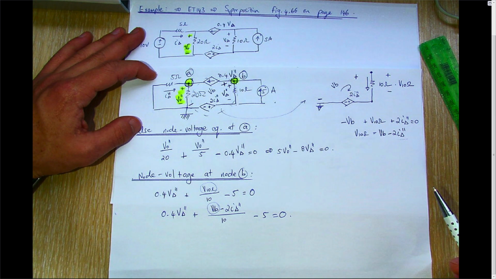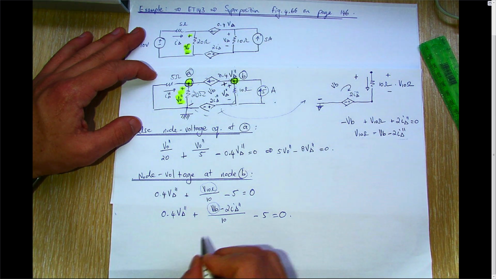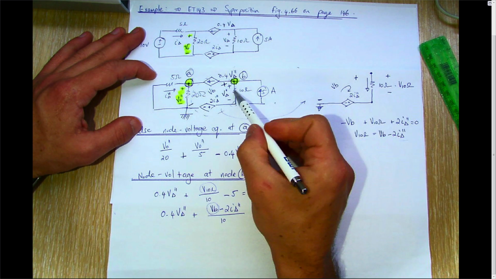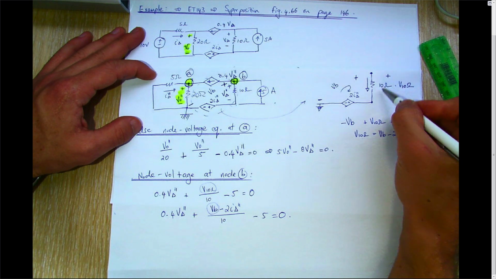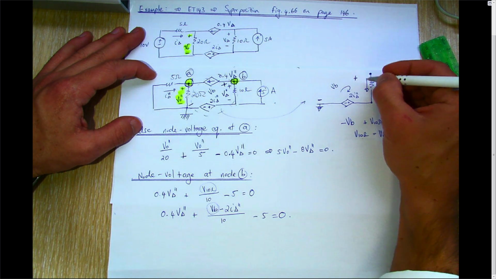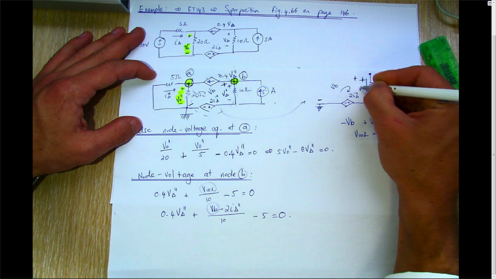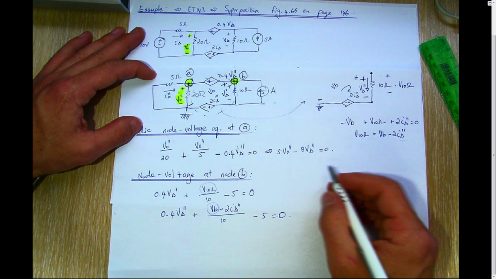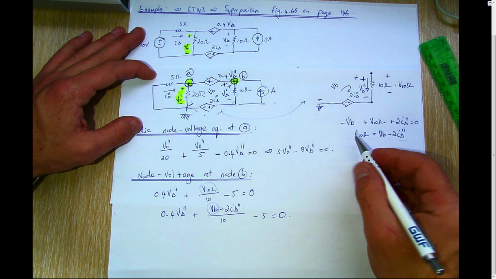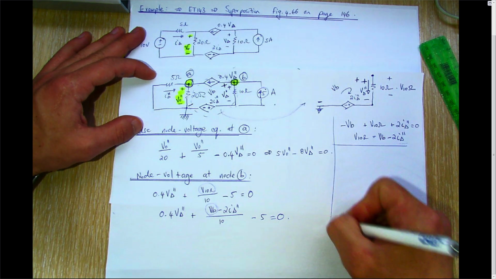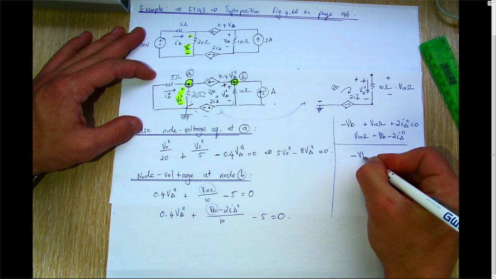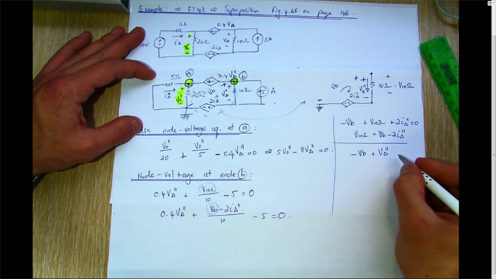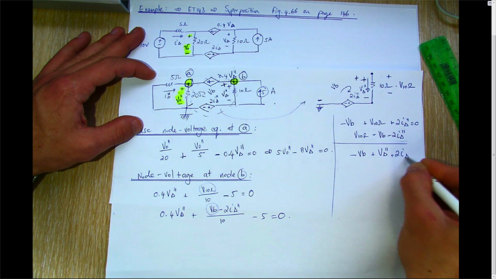Okay, now let's do that. So what I've got over here is I'm going to look in this little loop, but now I know that V delta double prime is defined over this 10 ohm resistor. So if I say plus minus V delta double prime over here and I do KVL in this loop, then I can say that, let's just make some space over here, minus VB going around the same loop plus V delta double prime plus 2I delta double prime is equal to 0.